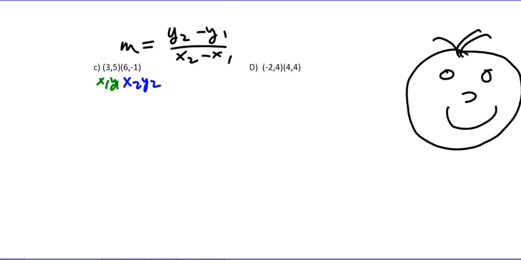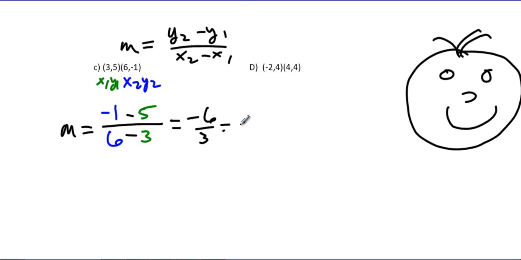And once again, I'm just plugging right in. So I have m equals, remember I have subtraction. So when I do this, I have y2 minus y1 over x2 minus x1. So that would be negative 6 over 3, which is negative 2.